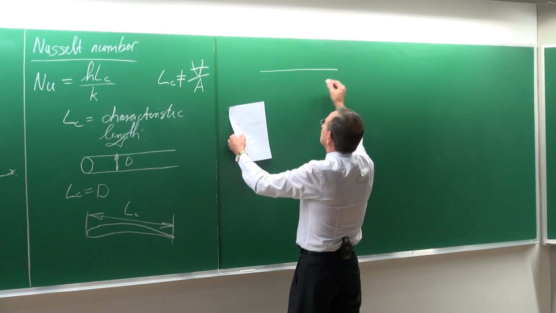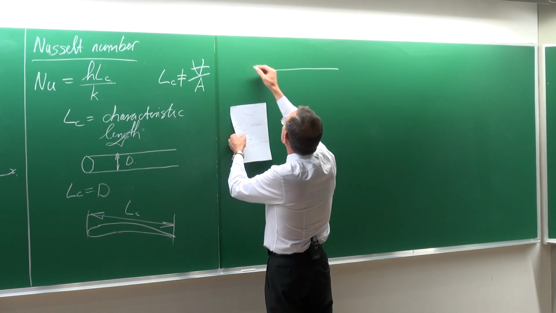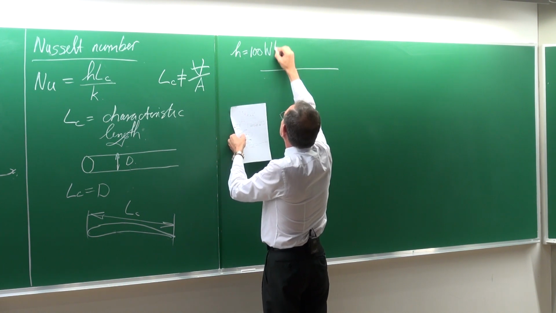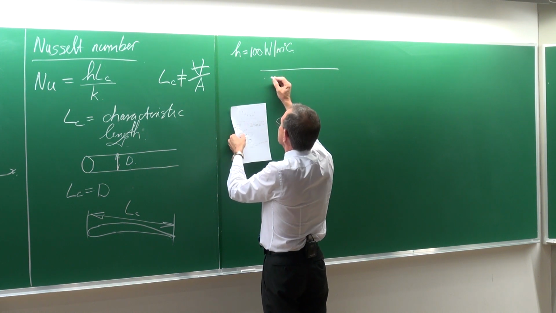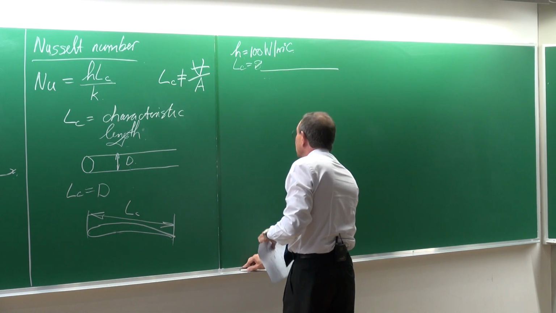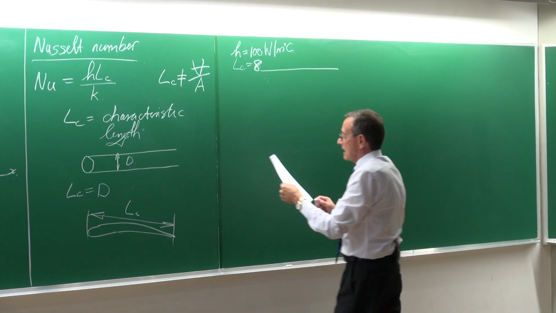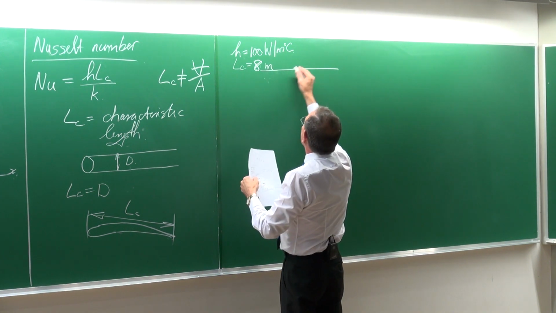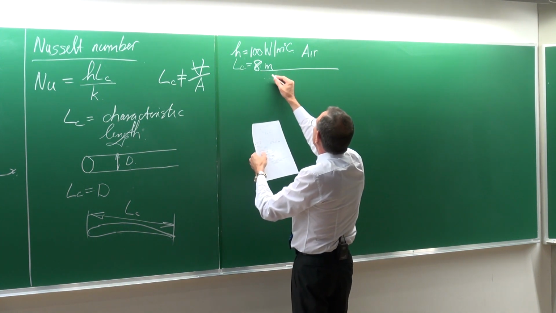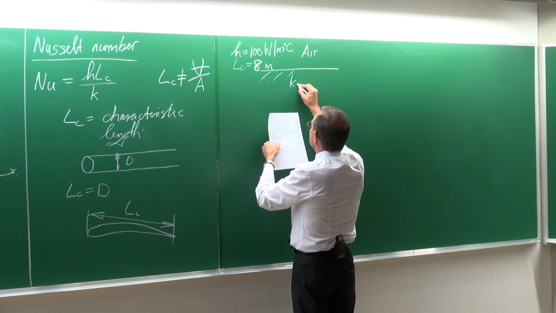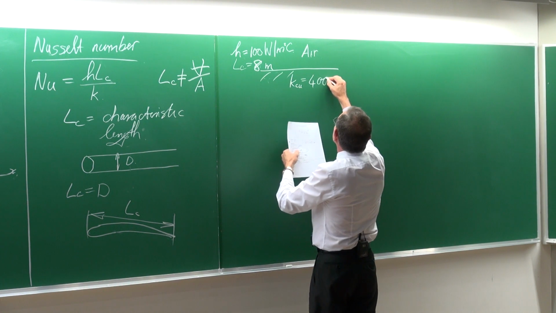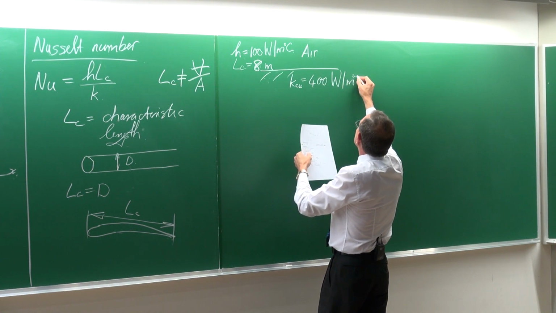Let's look at a flat plate where the heat transfer coefficient is equal to 100 watts per square meter degrees Celsius. Lc is 8, the characteristic length, and we have air, and here we've got a plate with a thermal conductivity of, let's suppose it's copper, 400 watts per meter degree Celsius.